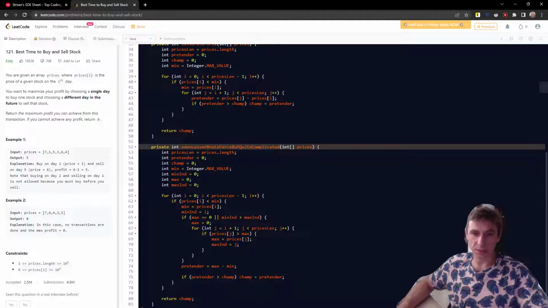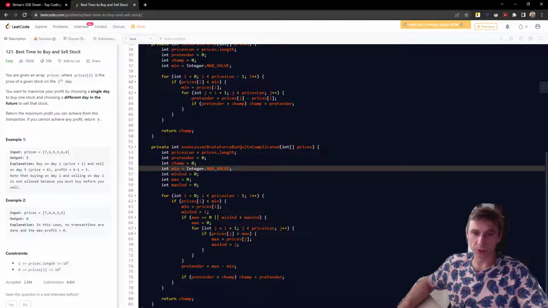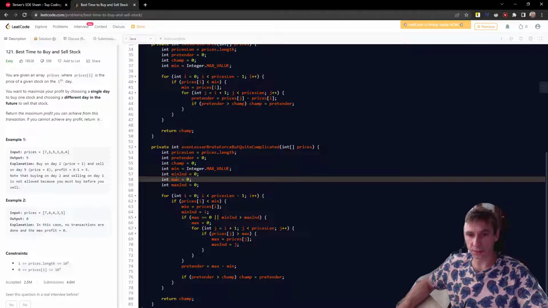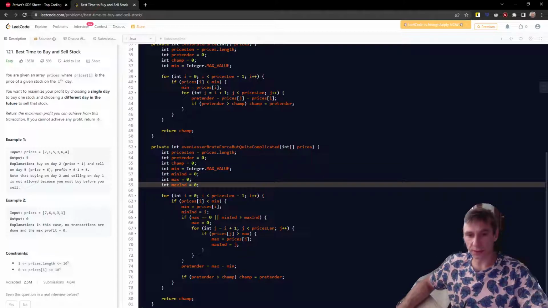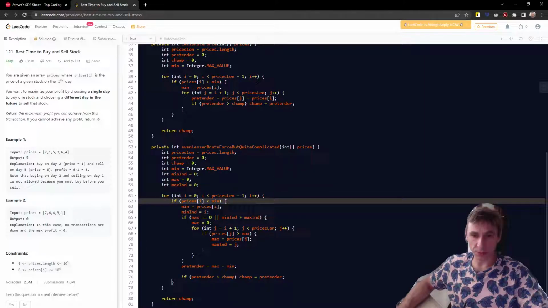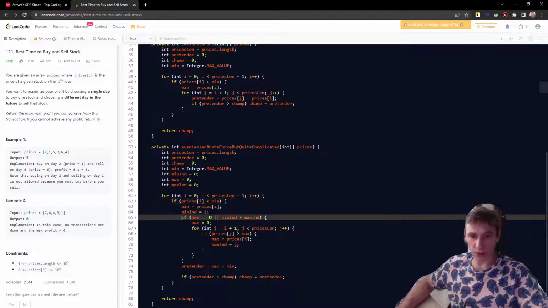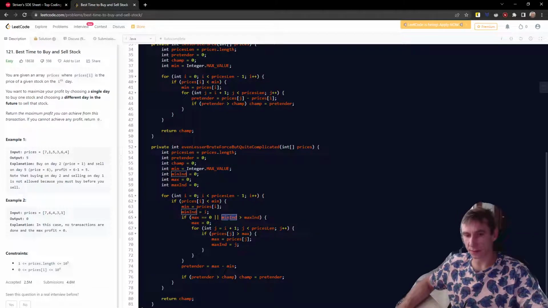So basically, besides storing the minimum, we're also storing the minimum index and max index, and besides checking if we found another minimum, we're also checking if the maximum is set, and if the maximum index is after the minimum index.